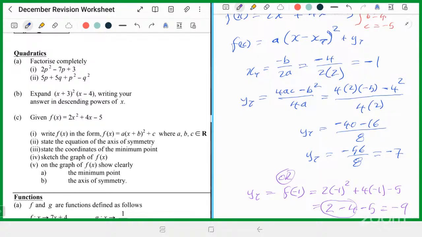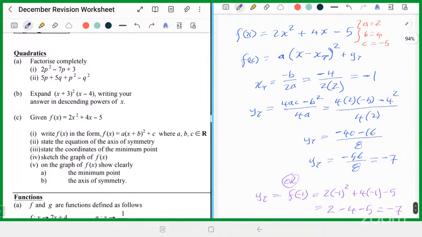Right? Negative 7, not negative 9, negative 7. So this time this is negative 2, negative 2 and negative 5 is negative 7. So we get the same value, negative 7. So you can work out the yt value by substituting the xt value in the function.